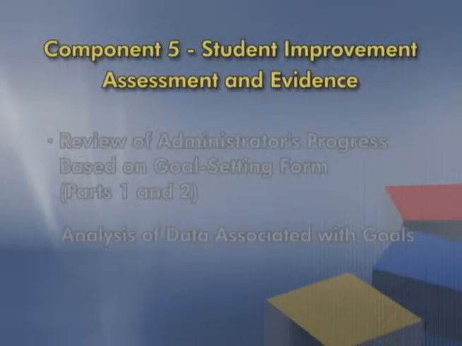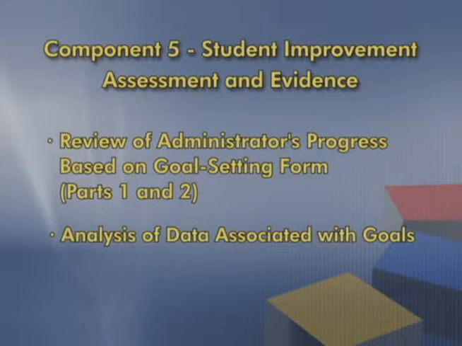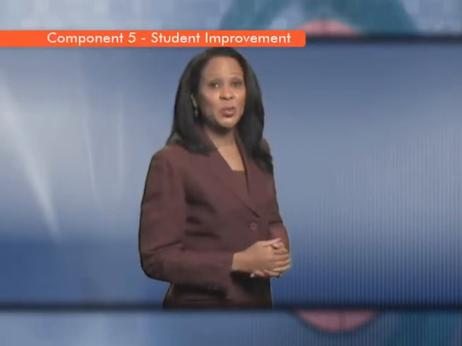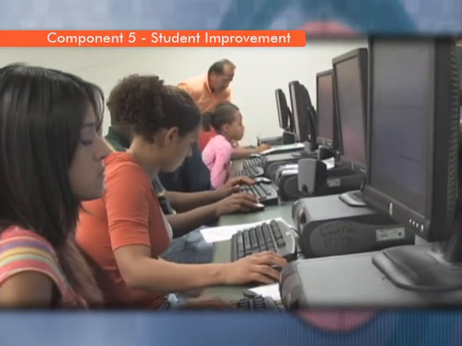The evidence for Component 5 is comprised of a review of the administrator's progress toward attaining the goals established at the beginning of the cycle, as provided to the evaluator on the goal-setting form, Parts 1 and 2, and an analysis of the data associated with the goals. In this component, the administrator will be judged on the measures of student performance and the progress made by students.